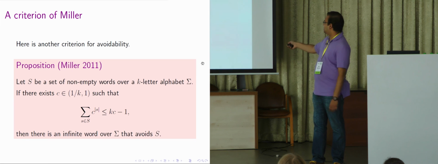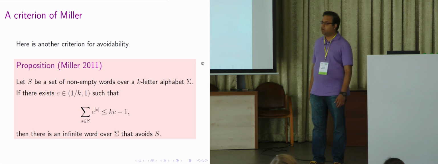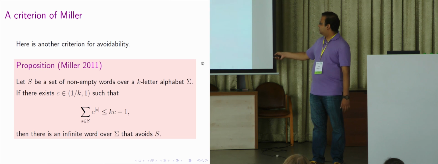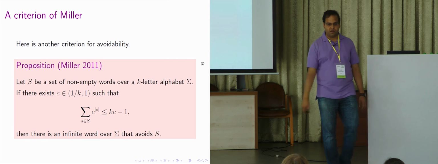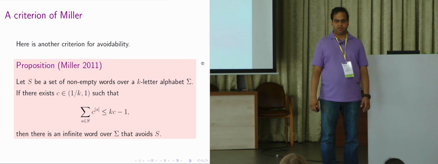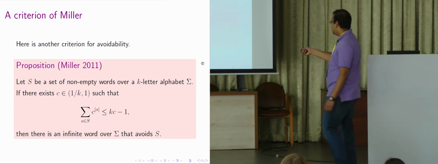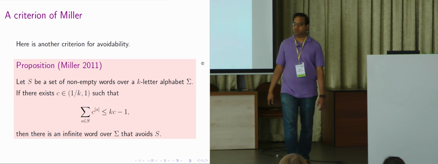Here k is the alphabet size, c is some constant less than 1, S is the set of words to be avoided, and I make this sum of c to the length of s, summed over all words s in S. If this sum is smaller than this quantity, then there exists an infinite word avoiding the words in S. This is just an inequality involving the lengths of the words I'm trying to avoid.